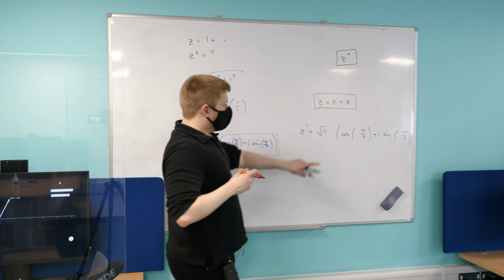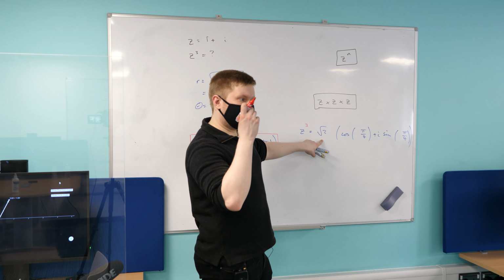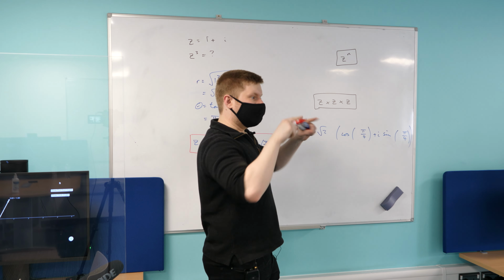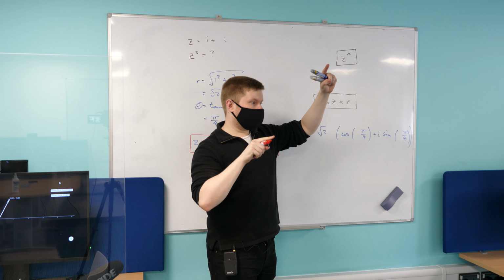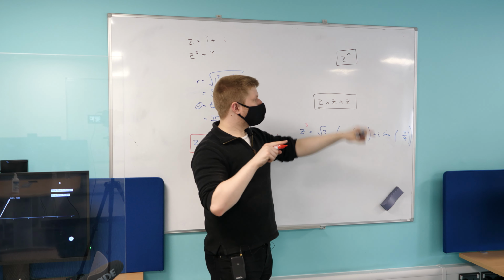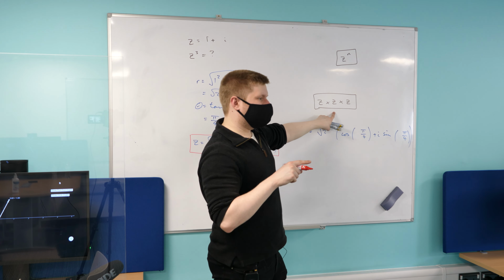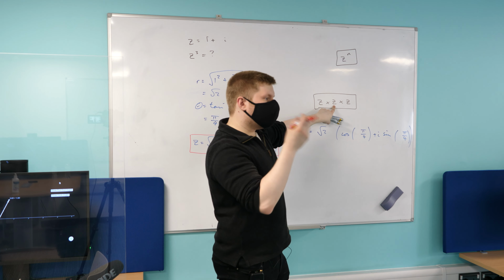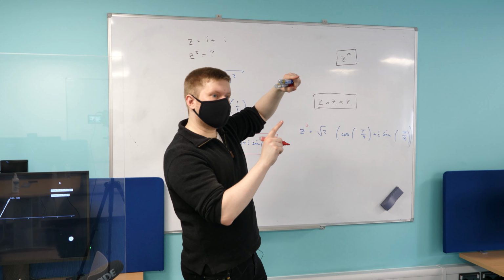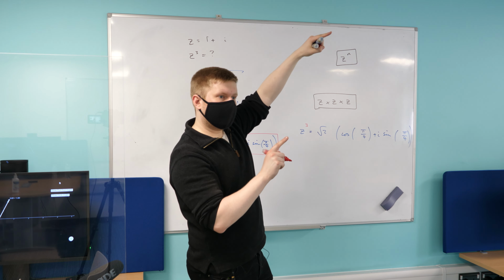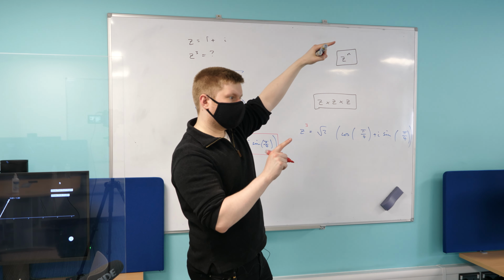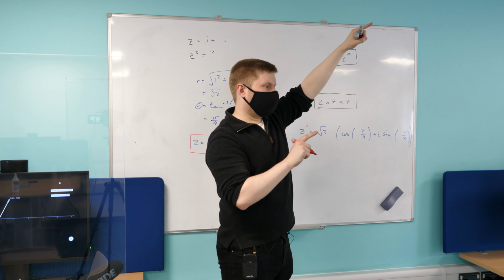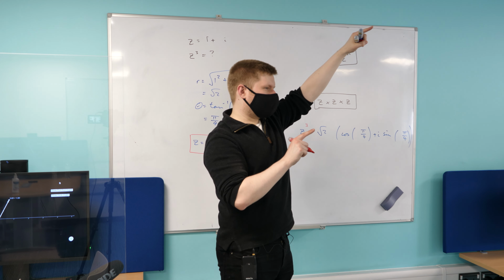First things first, I'm going to take the modulus, because at the moment what I'm saying is that my complex number is a distance of root 2 away from the origin. That makes sense? So when I multiply by z, let's just multiply by z first of all, then we'll multiply by z again. Are you happy that I'm going to take that distance and I'm going to stretch it by another root 2? So I've taken root 2, that distance, and I've made it root 2 further along. So how far away from the origin am I at the moment?